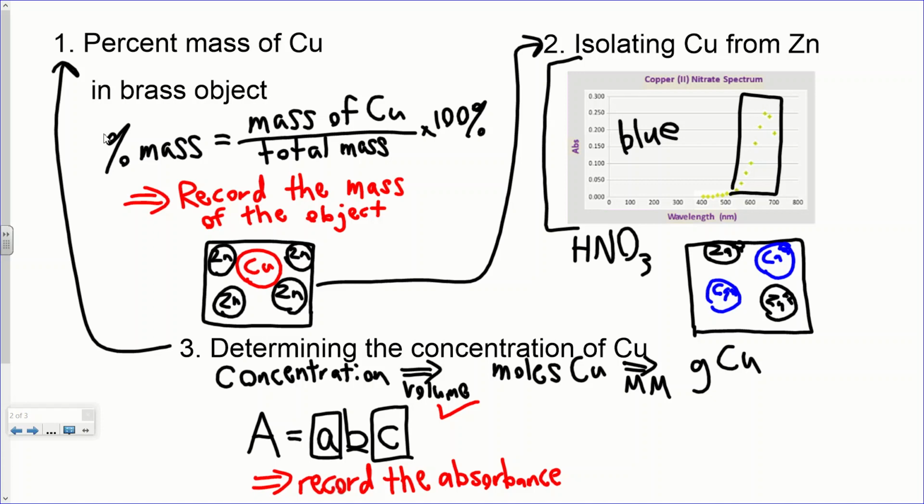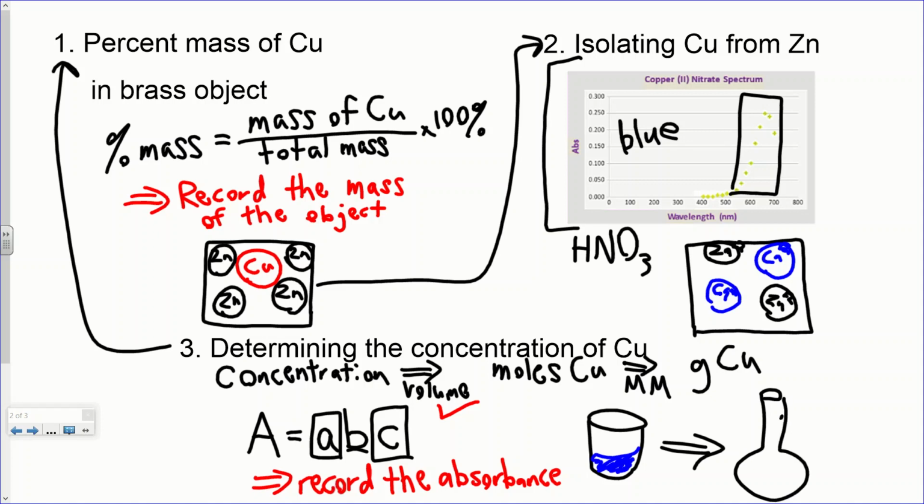So what we're going to do, you're originally just going to dissolve your brass object in nitric acid, so you're going to get a very acidic blue solution. Then you're going to pour that into a 50 milliliter volumetric flask and fill to the line with water.